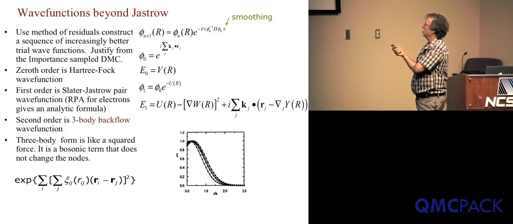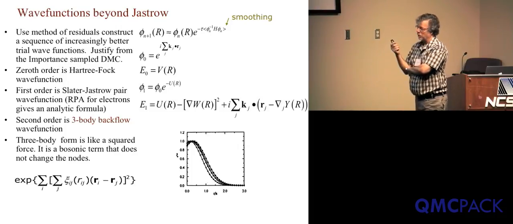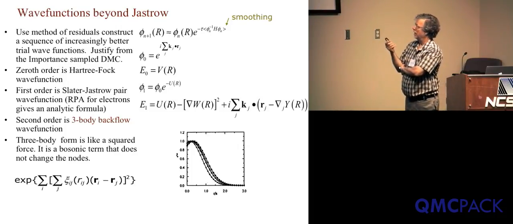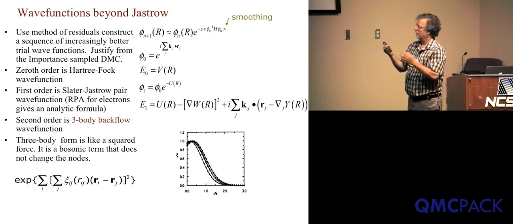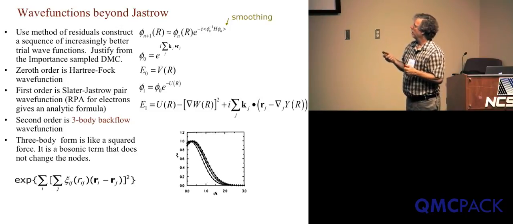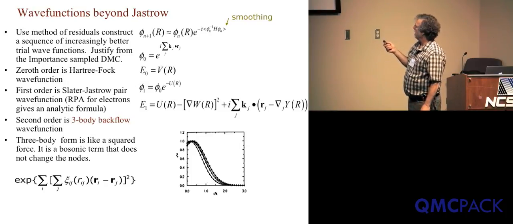This term is the square gradient of the Jastrow function. And this is what we call a three-body term. It correlates electrons three at a time. And this part is called the backflow term, and it puts correlation into the Slater determinant. The Slater determinant itself is an independent electron object. But if you correlate the coordinates that go into the wave function, that's called backflow. And this says how you should correlate the electrons.